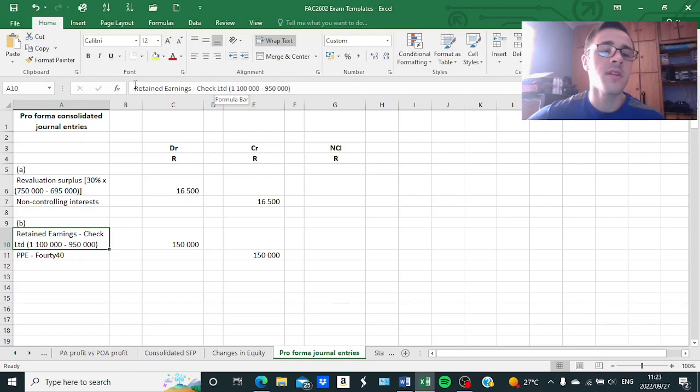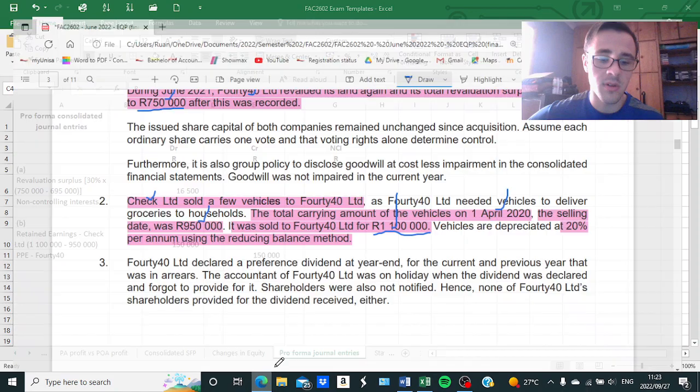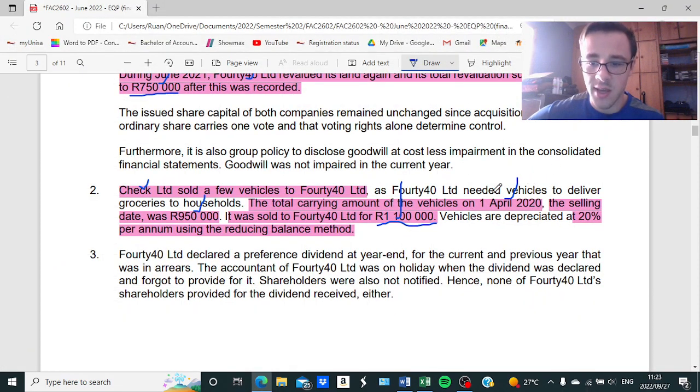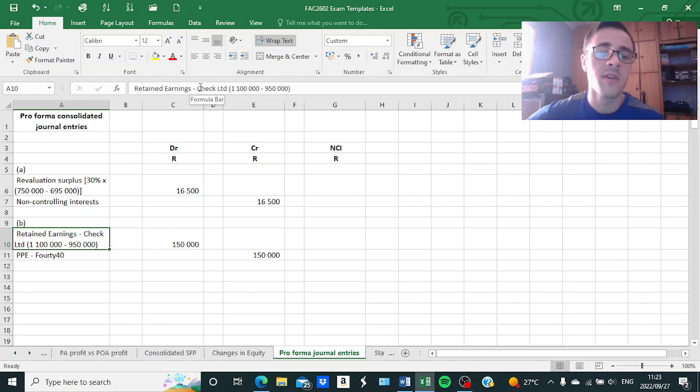If the date of sale was in the current year, so let's say, for example, that this date right here was the 1st of April 2021, then clearly 1 April 2021 falls in the current financial year. So therefore, we would have debited other income or profit on sale of vehicles for Czech Limited, and not retained earnings.